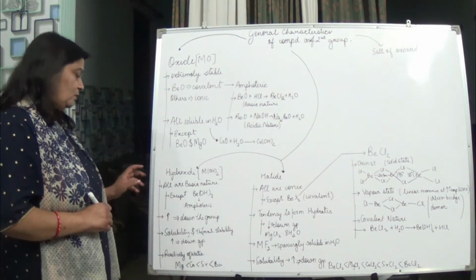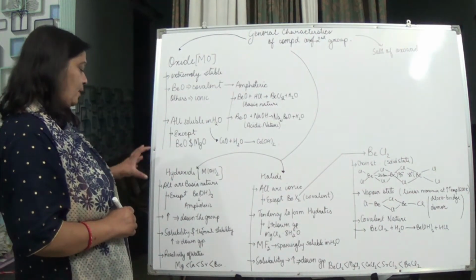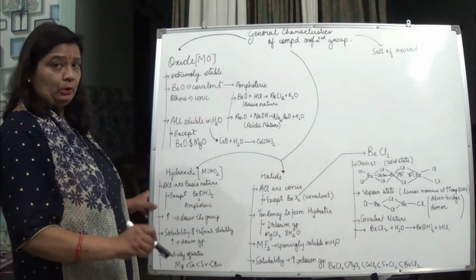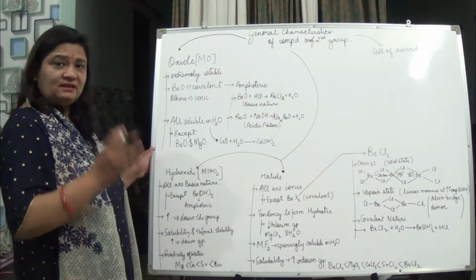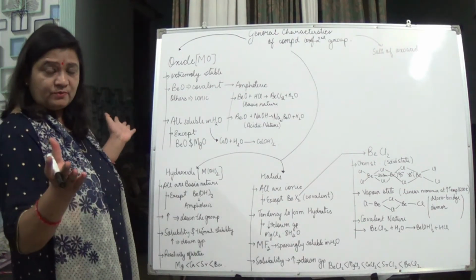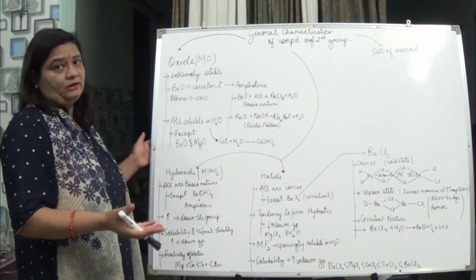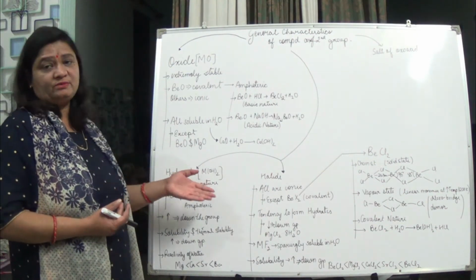Now we look at the basic nature of these hydroxides. The basic nature increases as we go down the group. Why does it increase? Because when the size increases, dissociation is easy, and it breaks into the corresponding ions plus OH minus ions.